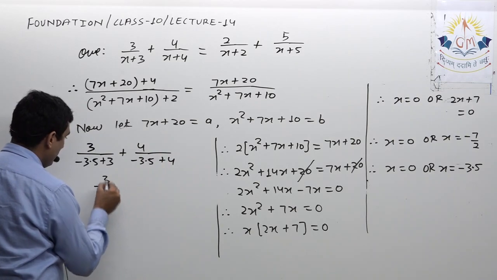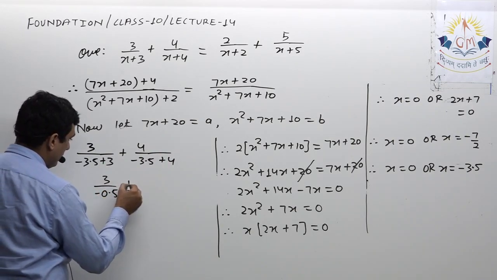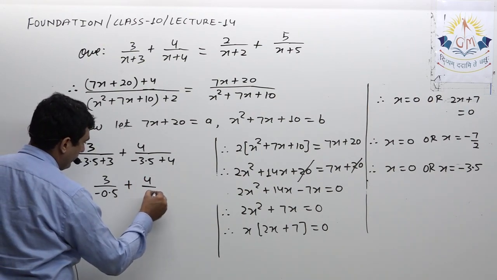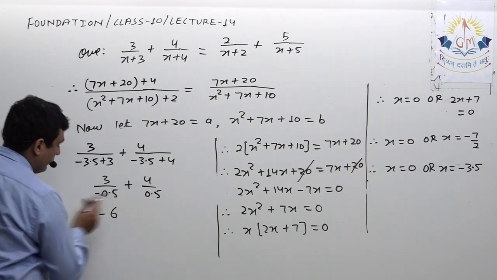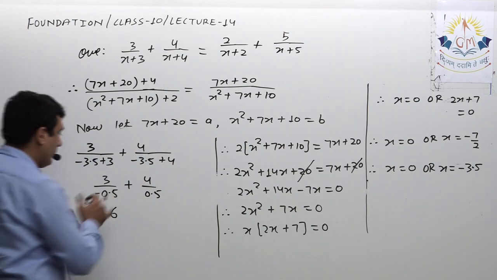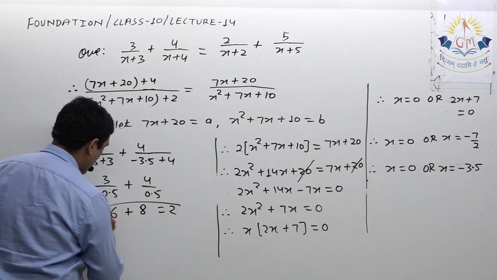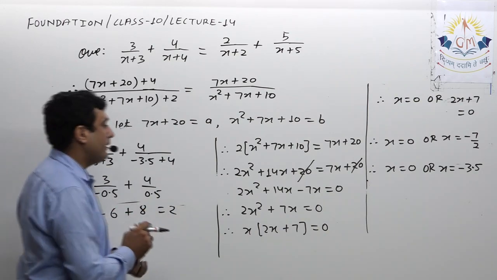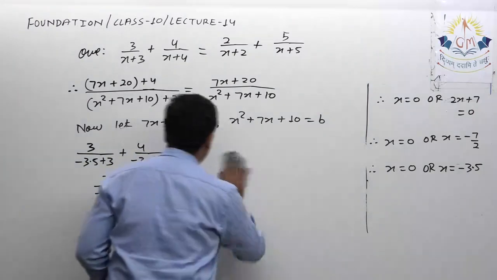So 3 upon, here I will get minus 0.5, plus 4 upon, here I will get 0.5. So this is actually minus 6, and 0.5 is 1 by 2, so 2 will come in the numerator, minus 6 plus 8, that is 2. So left hand side gives me 2. Now I will check the right hand side.